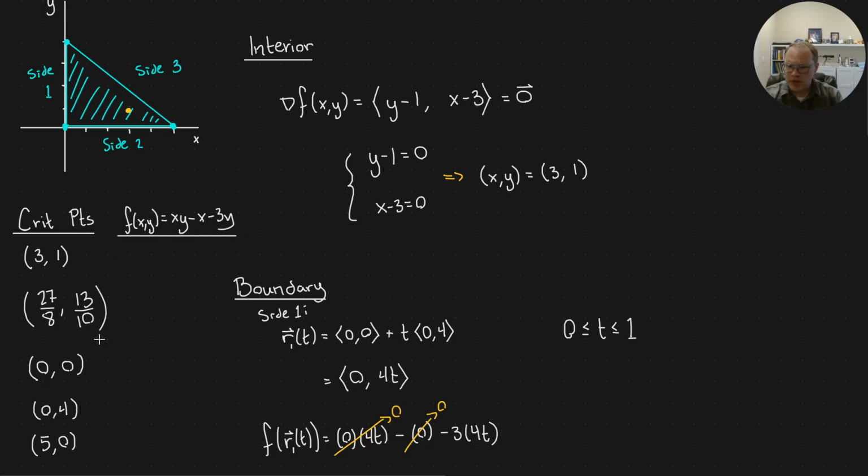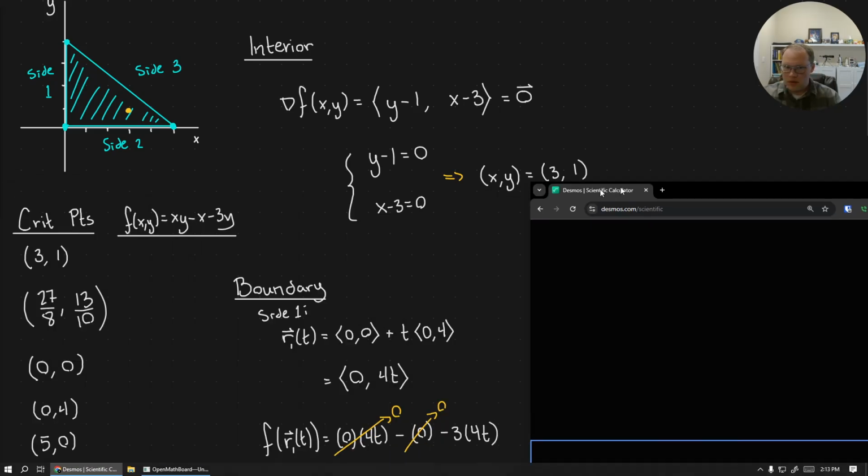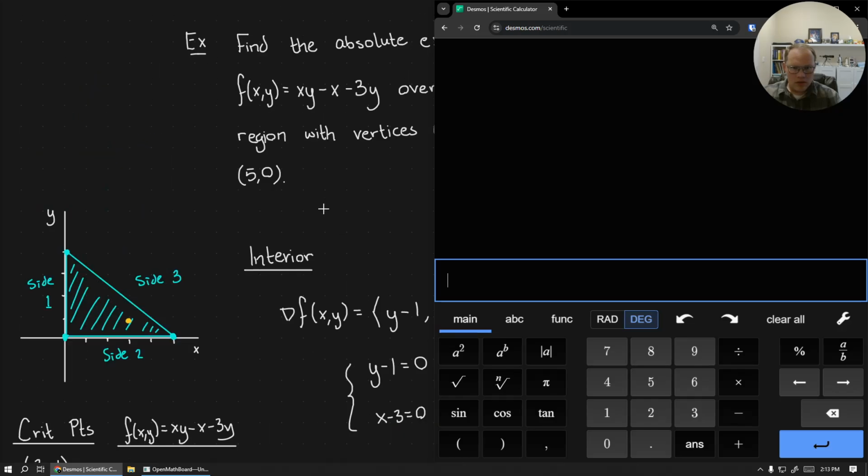And especially for this one, this looks like it might be a calculator problem, right? So let me pull up my calculator. Here we go. I'll just plug in f(x, y) = xy - x - 3y.